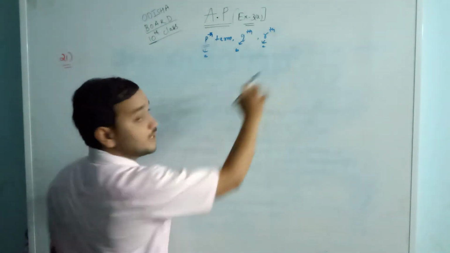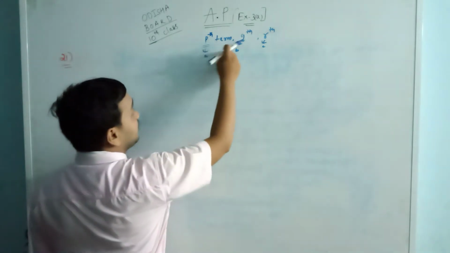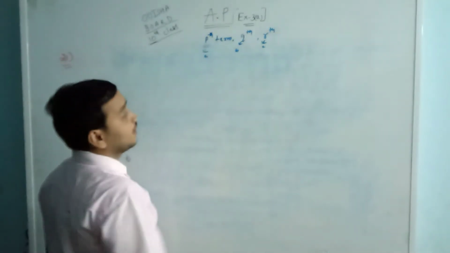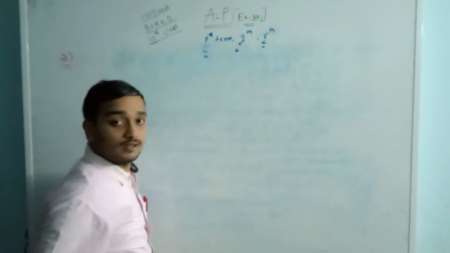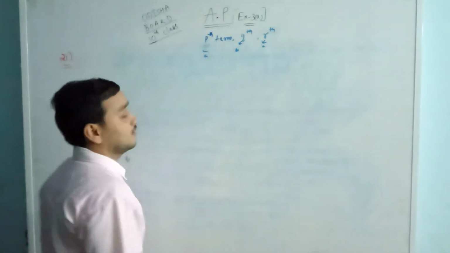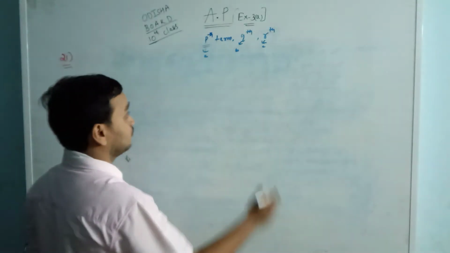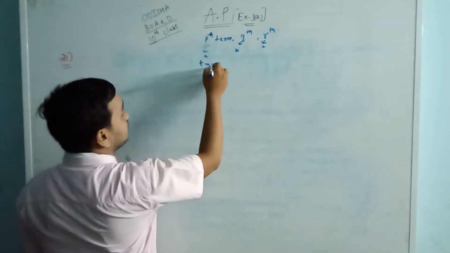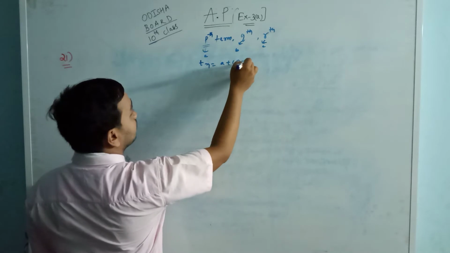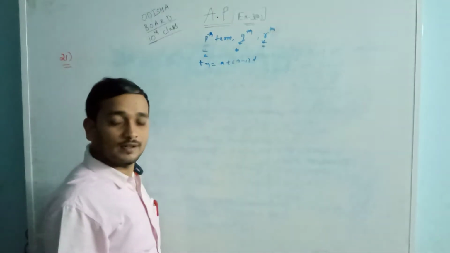There is an AP series, and the pth term is a, the qth term is b, and the rth term is c, like the nth term. We know the value of the nth term: a plus (n minus 1)d.